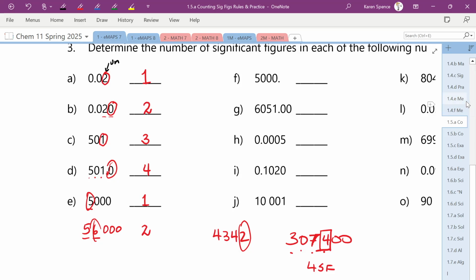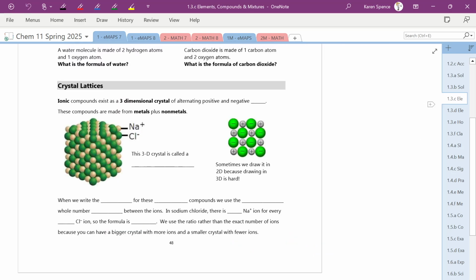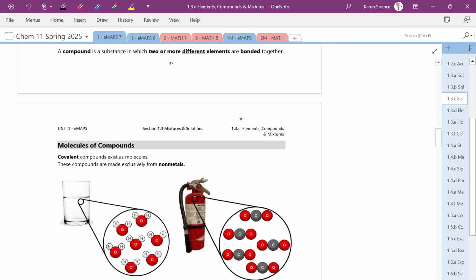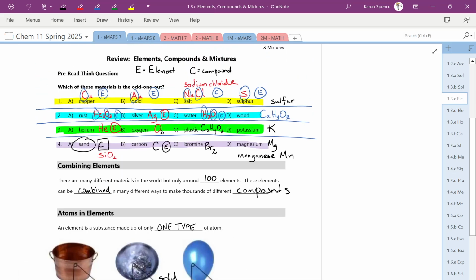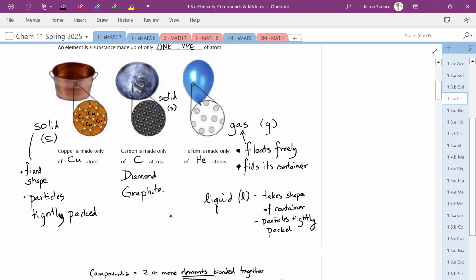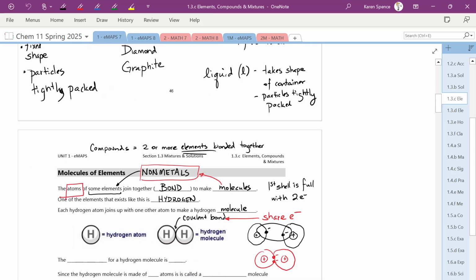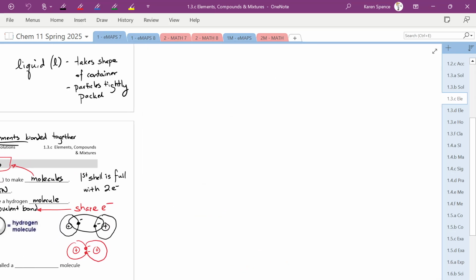So when last we left, we were talking about elements and compounds, and we were also talking about molecules. What do you guys remember about molecules? Tell your partner anything you can remember about molecules.